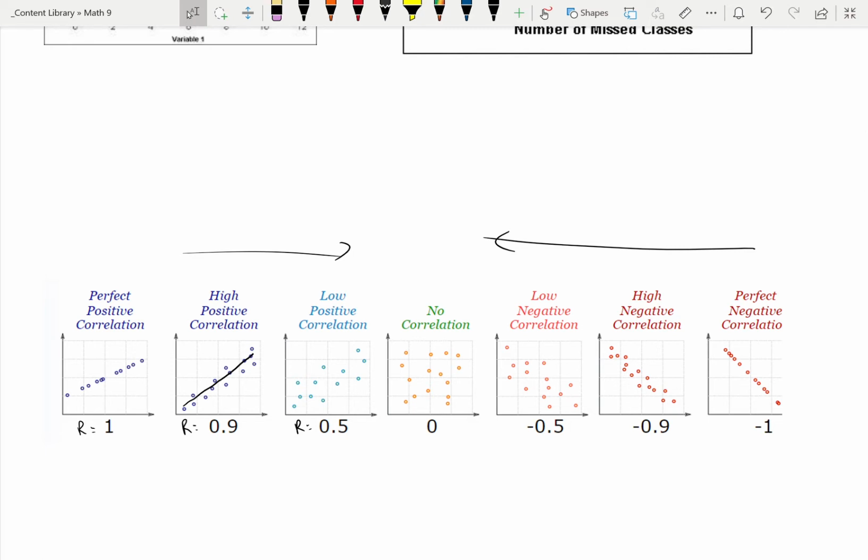Most of the points are relatively close, but as I start to get further away, you'll notice these values become less and less close to my line. And then finally, at no correlation, my line cannot predict. It is essentially random.